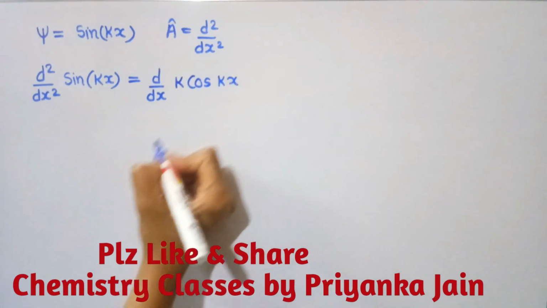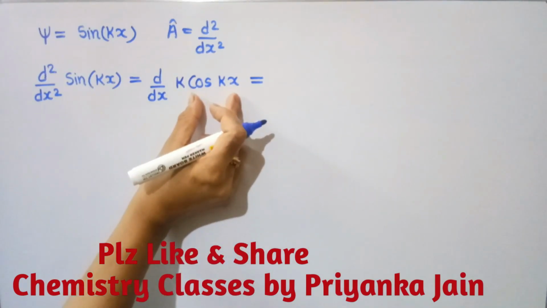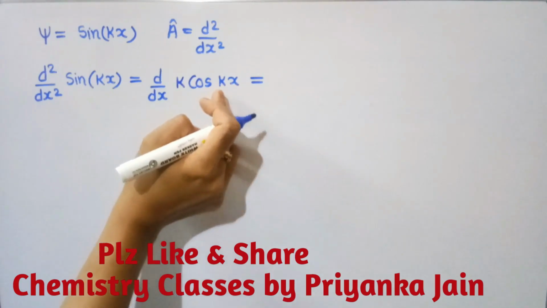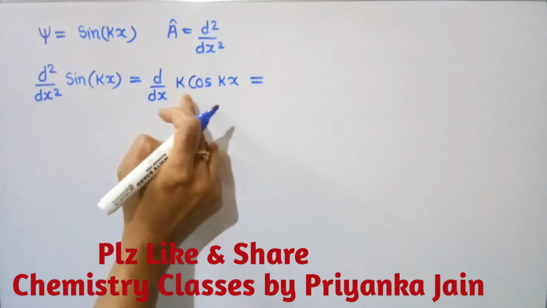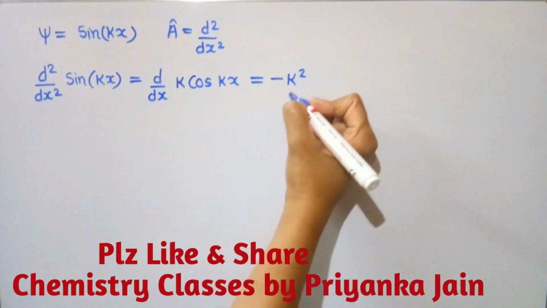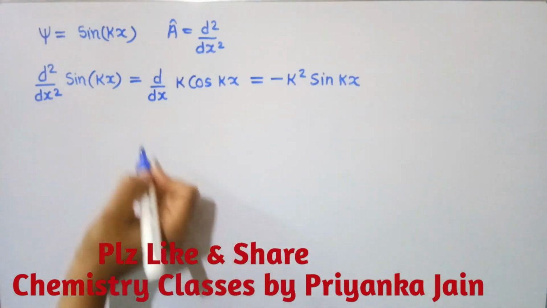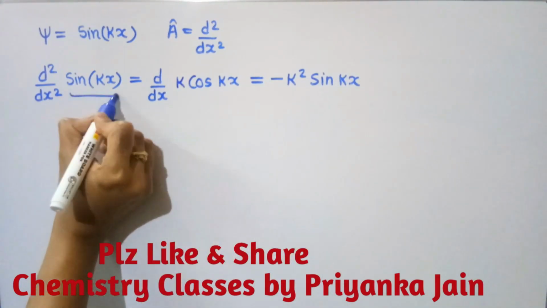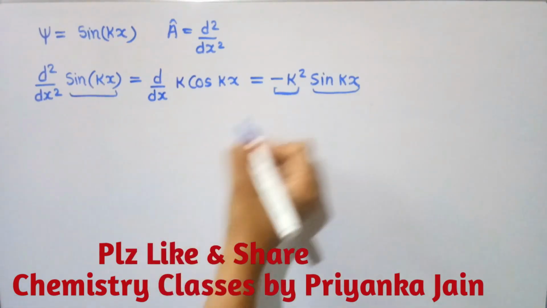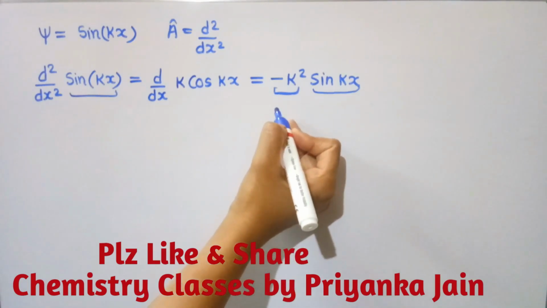Now do the differentiation again. We know the differentiation of cos x is minus sin x, so we now have minus k square sin kx. Now see here, this is our function and we get our function as it is, and this is the value that we get. So this minus k square will be the eigenvalue.